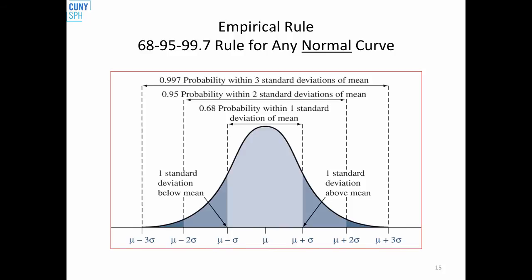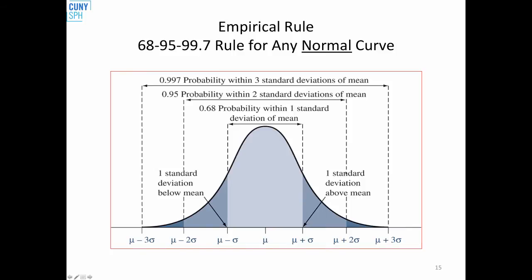Which can be roughly described by this very handy to remember empirical rule of normal curves. It says that one standard deviation above or below the mean contains approximately 68% of the probability. It contains an exactly calculable amount of the probability, but it rounds pretty close to 68%.